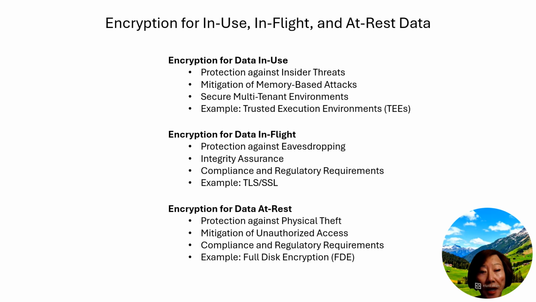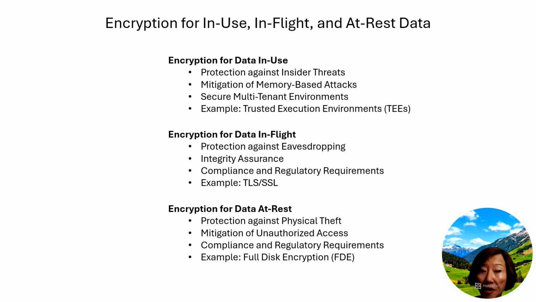Encryption for data at rest refers to information that is stored on physical media such as hard drives, SSDs, databases, or backups. It is important because you want to protect against physical theft.